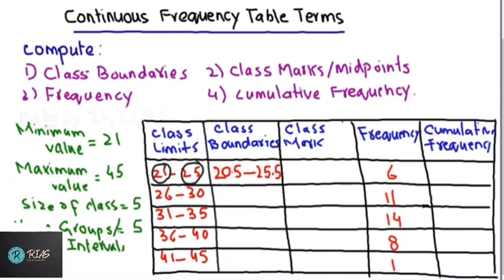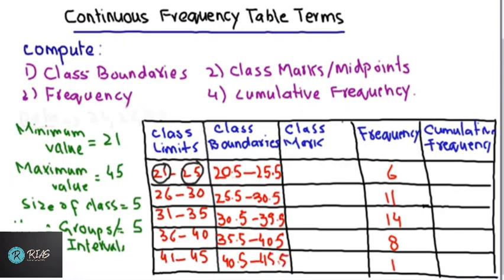Similarly, you can find the class boundaries of the other intervals as 25.5 to 30.5, then 30.5 to 35.5, then 35.5 to 40.5, and then 40.5 to 45.5.